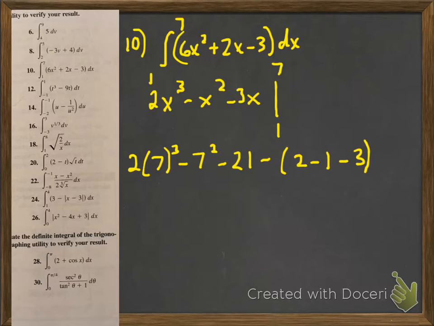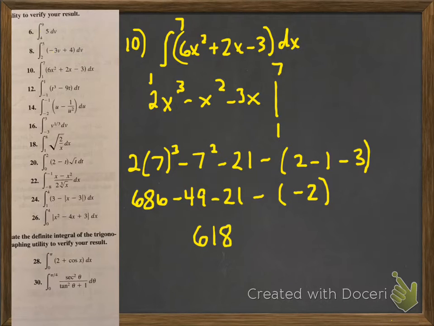So 7 to the third times 2 is 686, minus 49 minus 21, minus 1 minus 3, which is negative 2. So we have 686 minus 49 minus 21 plus 2. 618.